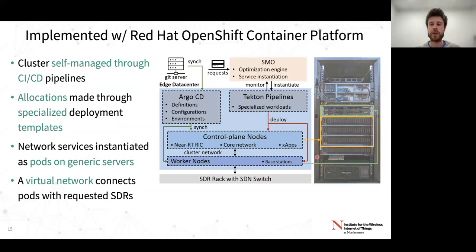We have some worker nodes that are enabled for low latency operations, and we use them for the base station specifically, which needs very low latency connectivity with some radios that we have. While we use the control nodes to deploy other services like the RIC, core networks, and intelligent applications.